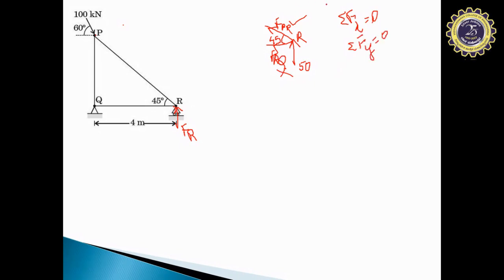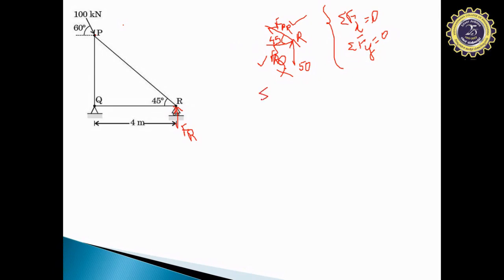So these are the two equations that we have to find out force in PR. Now look at the first equation, sigma Fx equal to 0. If we apply this equation, we still have to find out FRQ, which is not needed for us in this particular question. Hence, we'll directly go for sigma Fy equal to 0, as this is a purely horizontal force. This force can be avoided.